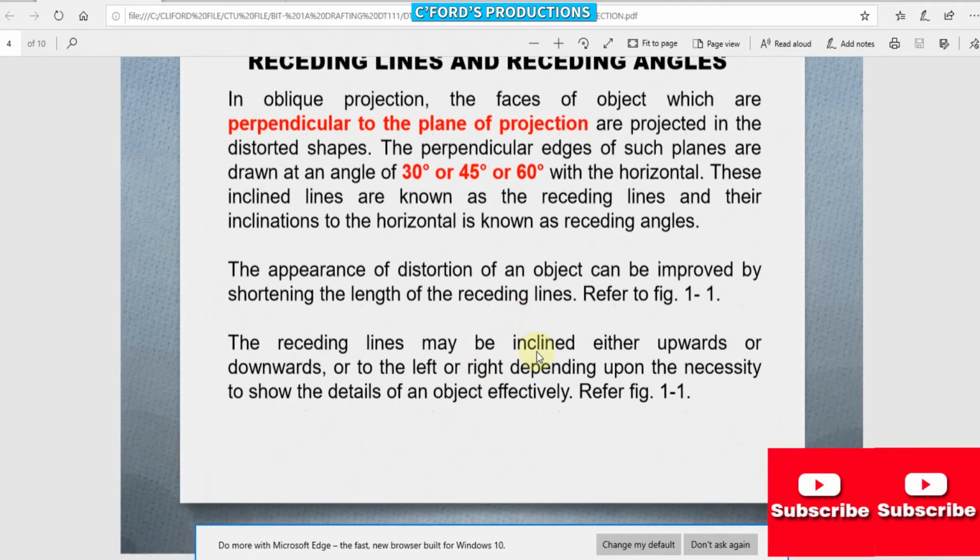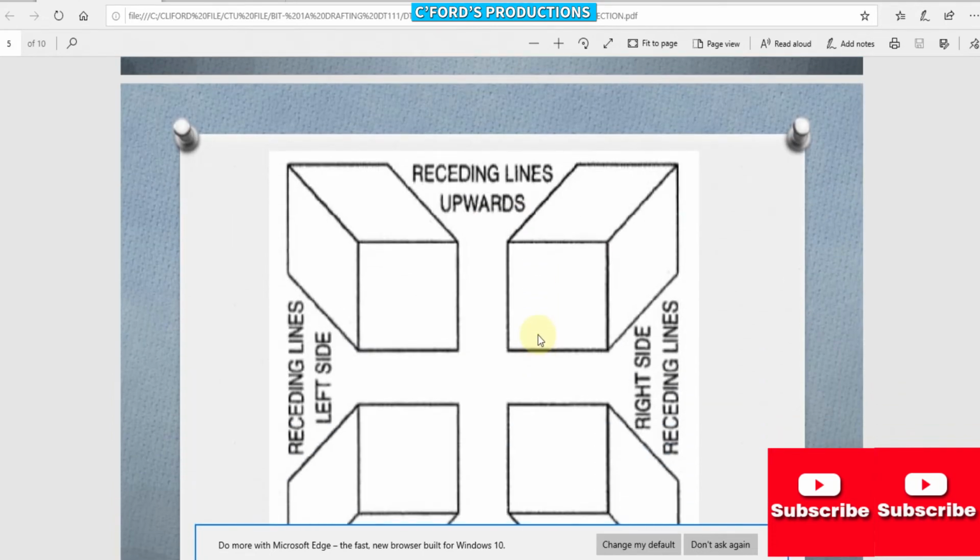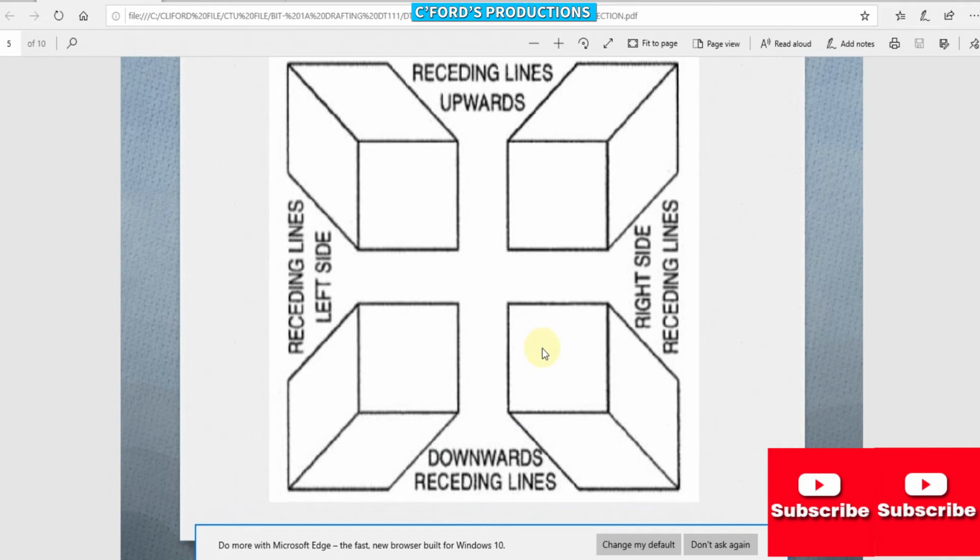So next, here is the example of an object with the receding lines. From left side to also the right side, and upwards and downwards. So this part, first is receding lines going upwards, this one, the location is in the left side.